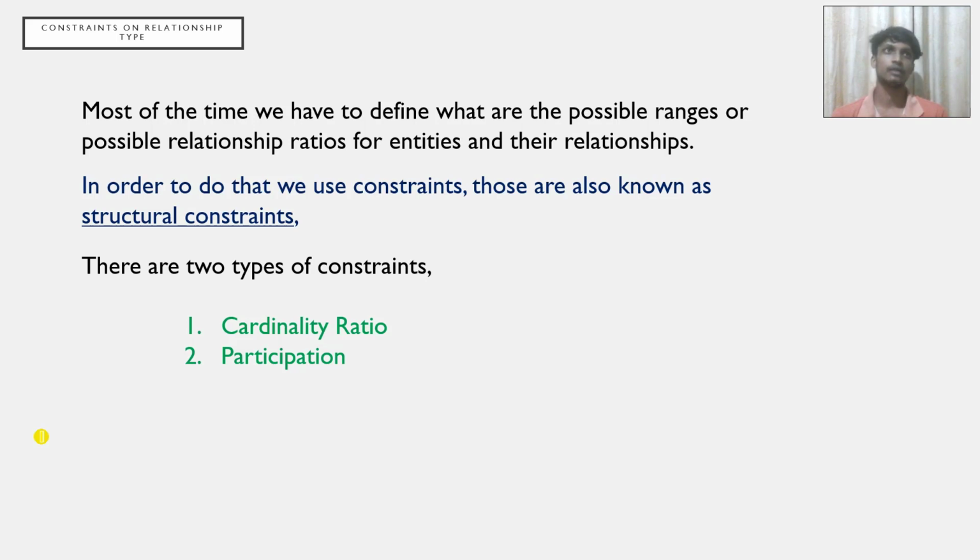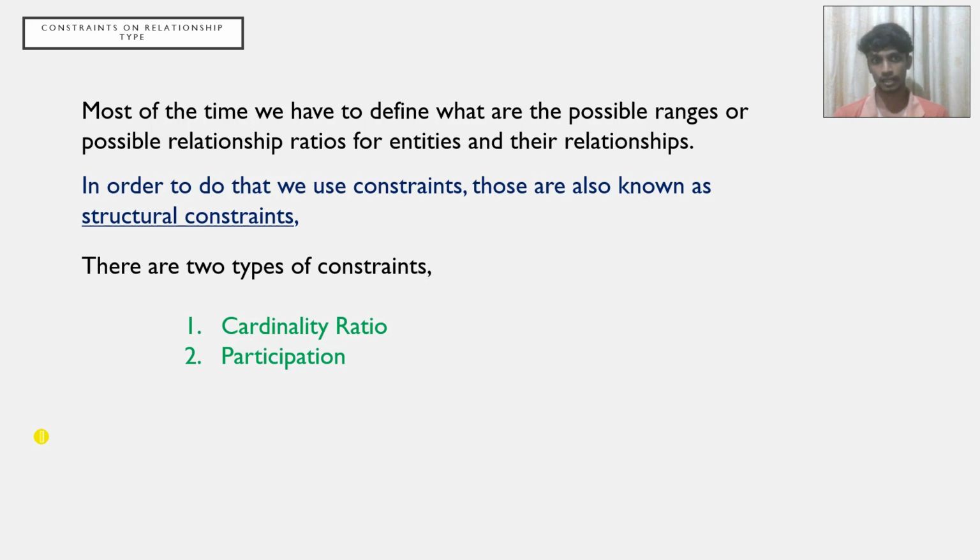Let's say in programming, there are constraints because there are some possible values and some impossible values for a particular program. So we should define those constraints. Otherwise, there will be errors.